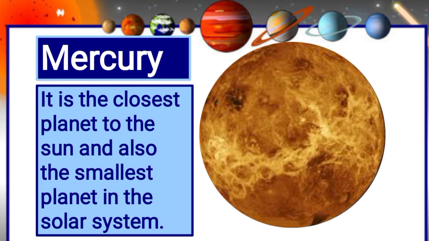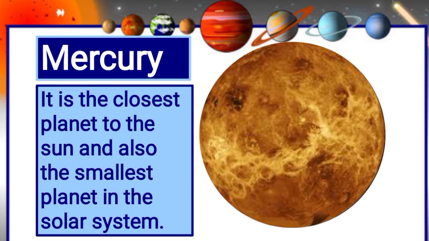What is Mercury? It is one of the 8 planets that orbit or travel around the sun, and it is the closest planet to the sun, and its average distance from the sun is about 36 million miles, and it travels around the sun at a faster speed than any other planet.